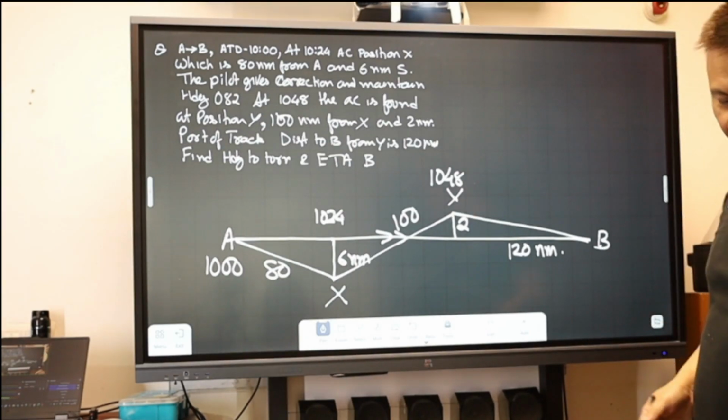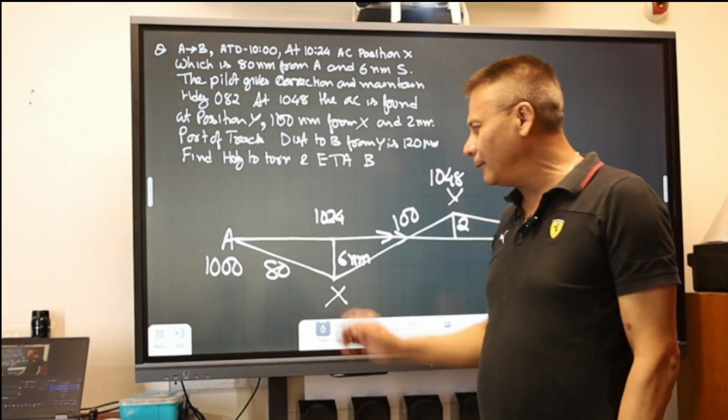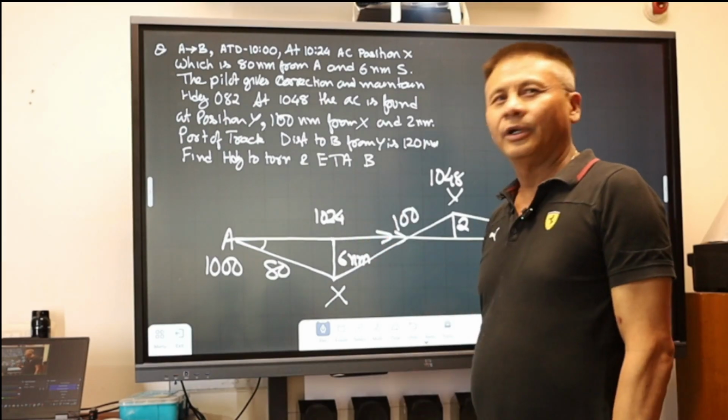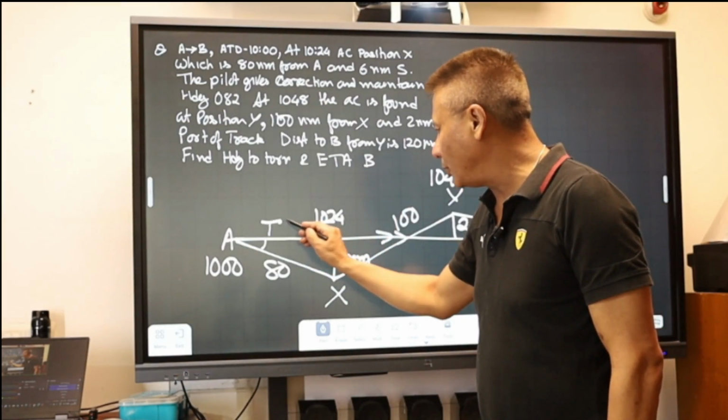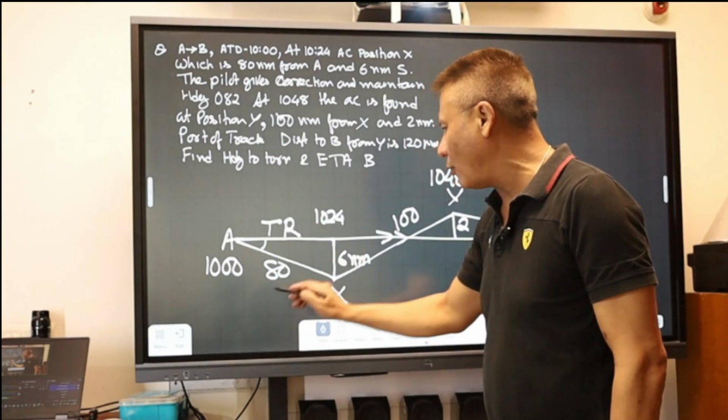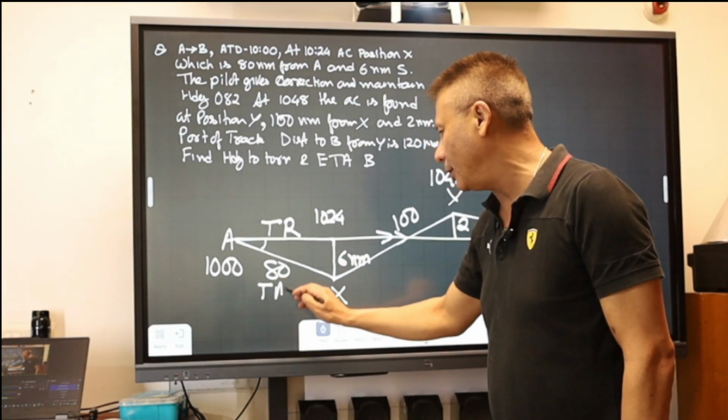On the first leg, I need to find out this angle. This angle is nothing but the angular difference between the track required and the track made good.